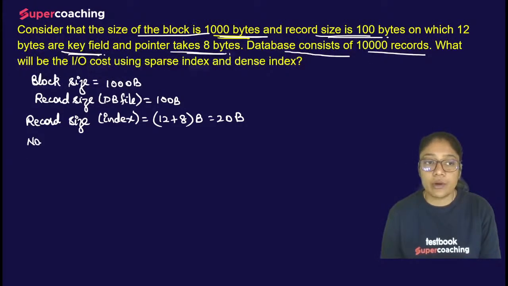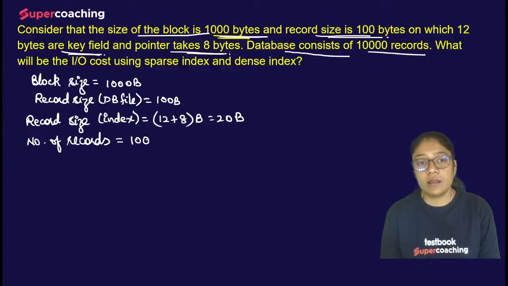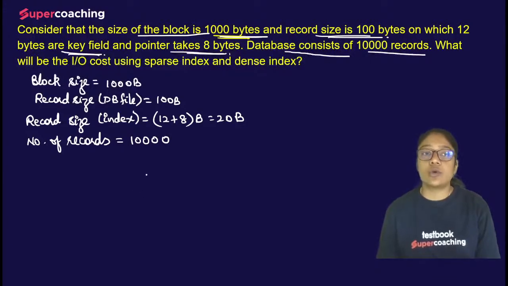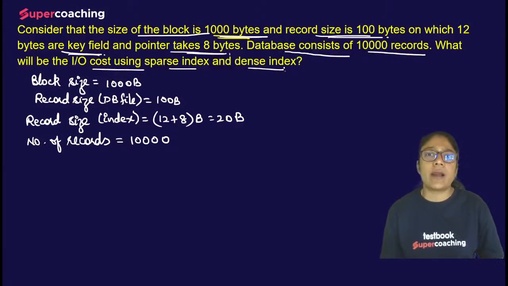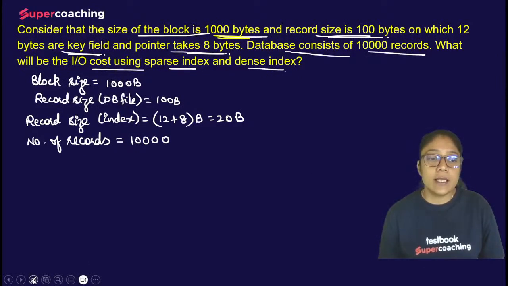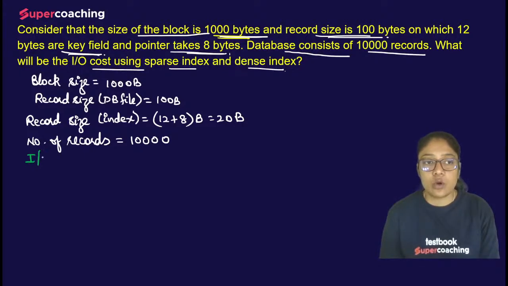So the number of records is 10,000. What will be the IO cost using the sparse index and dense index? I want you to find out the IO cost without index also. So first of all, let's talk about the IO cost without index.